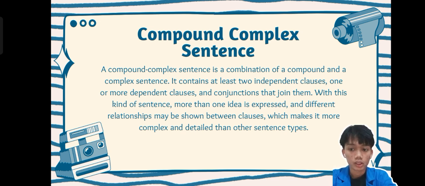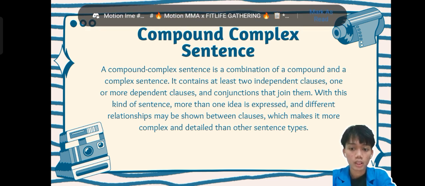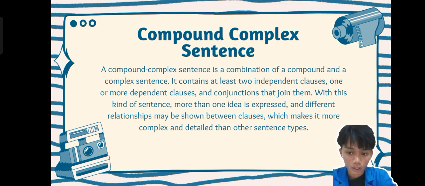This type of sentence expresses multiple ideas and shows how they relate to each other, for example, through cause and effect, contrast, condition, and or time. Because of its structure, it's richer and more detailed than a simple or complex sentence.